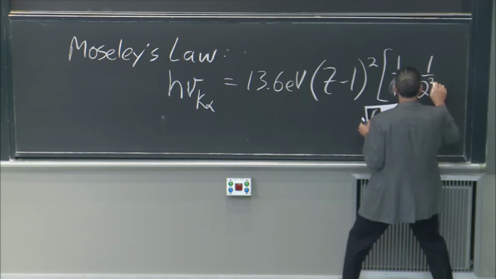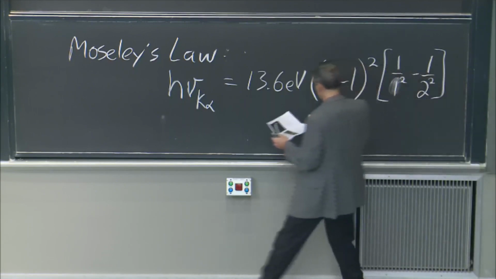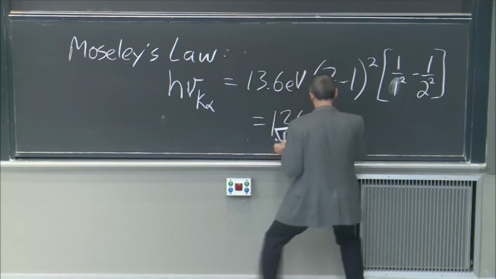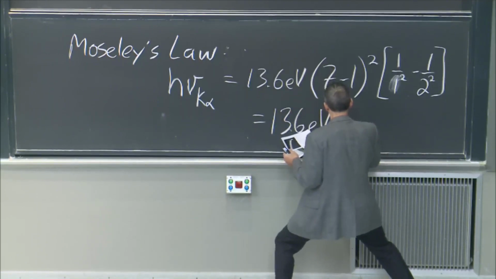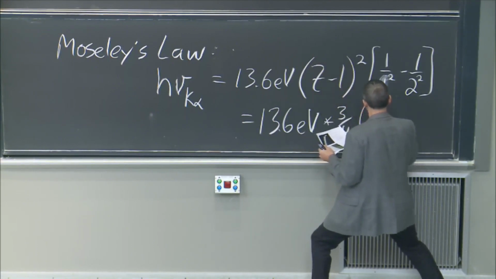And this is 3/4. Why this? Well, let's talk about that in a second. So 13.6 eV times 3/4 times (Z minus 1) squared.